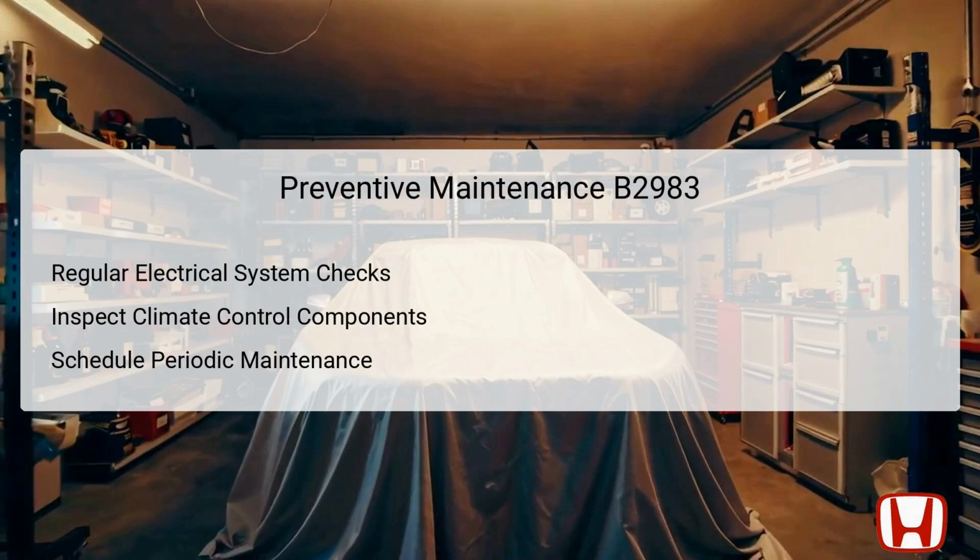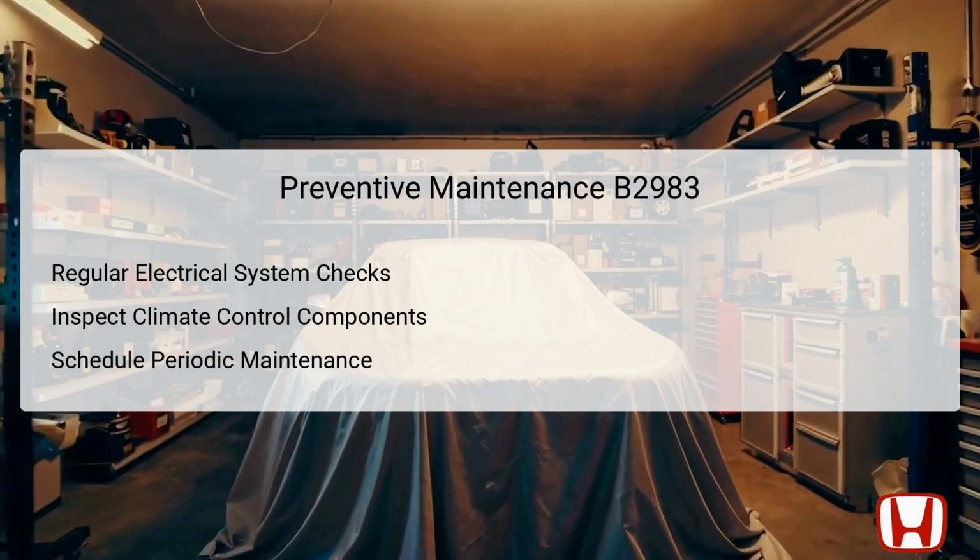Preventive maintenance plays an essential role in minimizing potential issues like those indicated by DTC B2983. Regular inspections of the electrical systems help identify weak points, such as corroded wires or loose connections, ensuring longer functionality. It's also important to inspect climate control components periodically, checking motors, links, and doors for any signs of wear and tear.